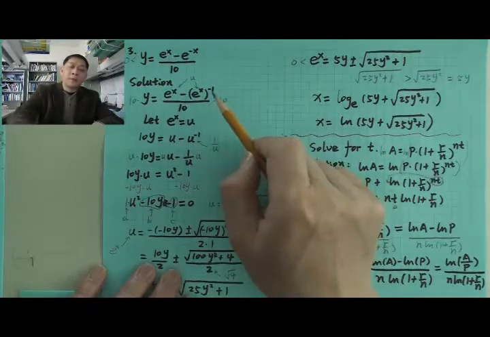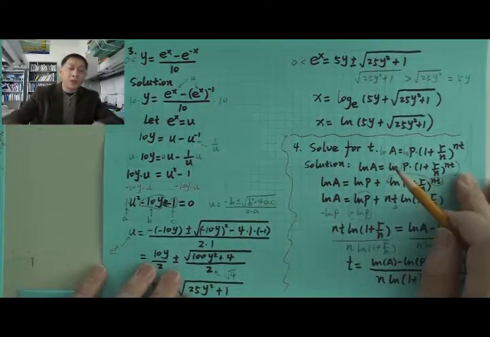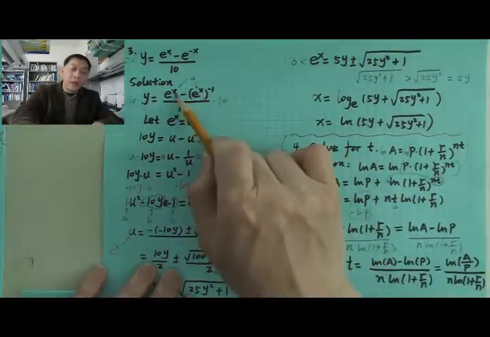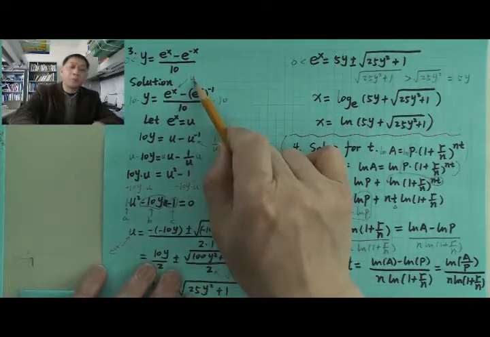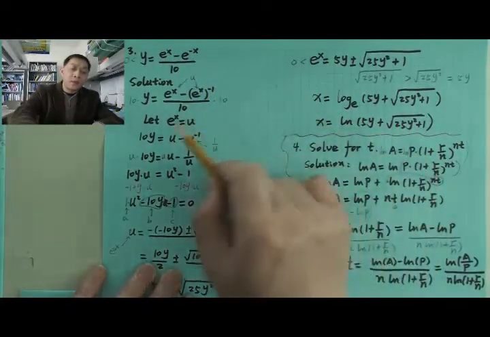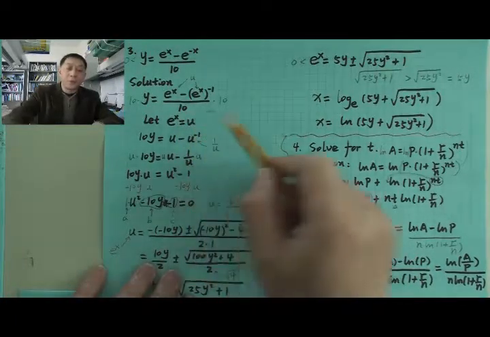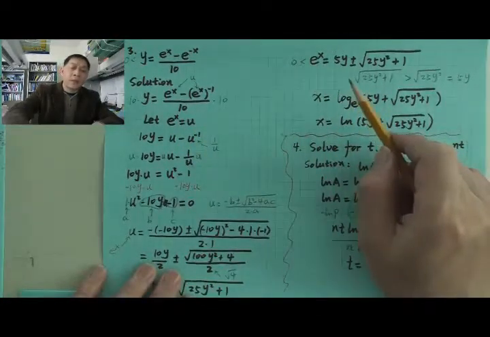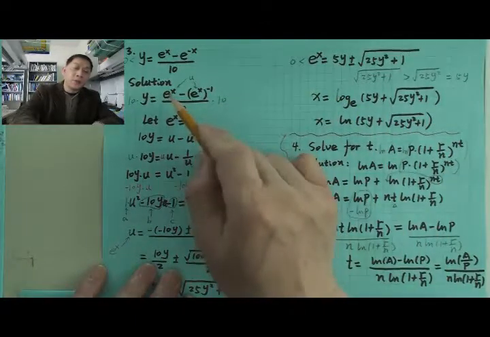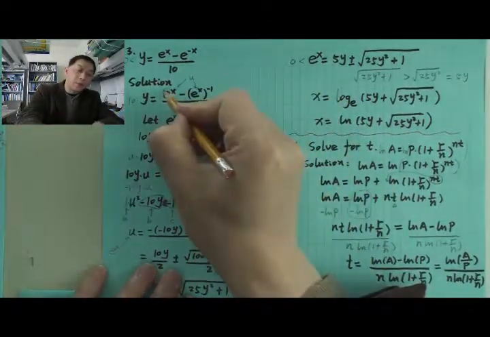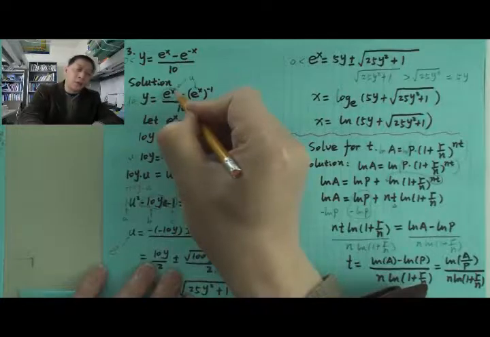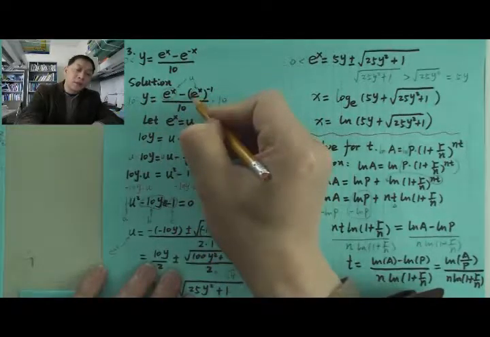The reason we do so is because we can view e to the x as a new variable u. So we let e to the x be a new variable u. Basically, this big thing is u. E to the x is u.